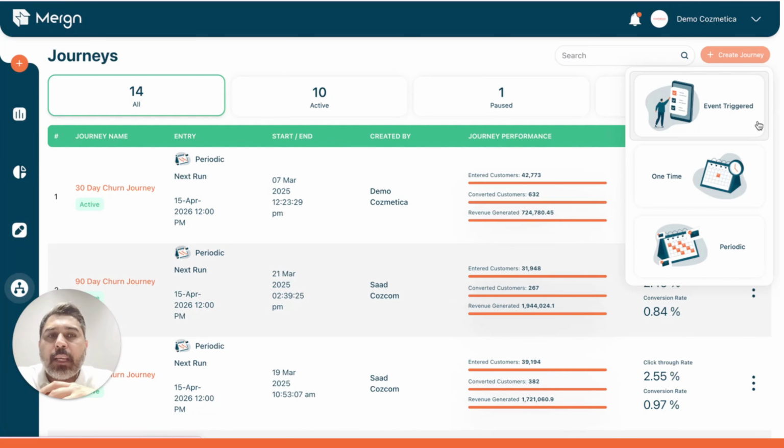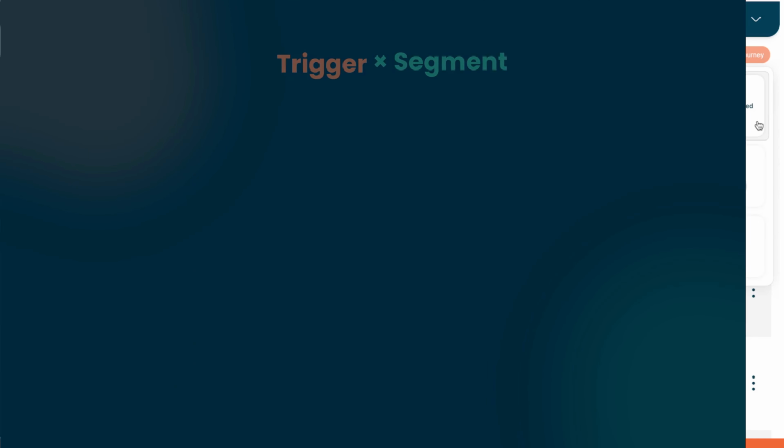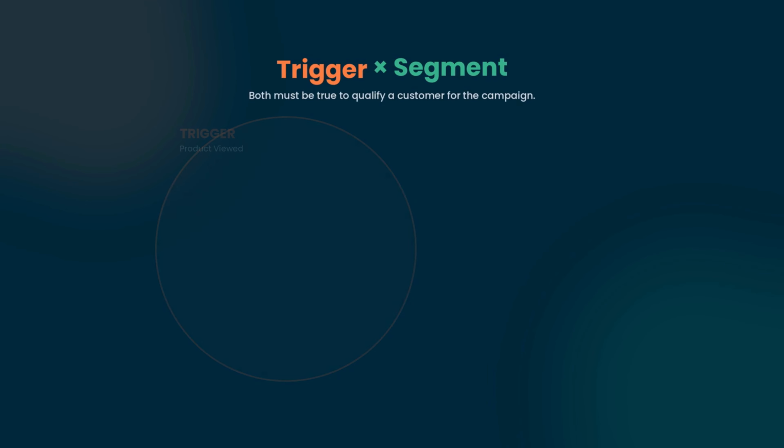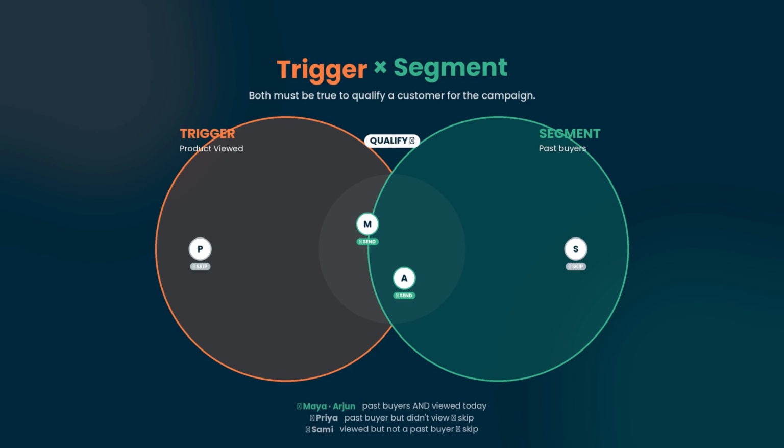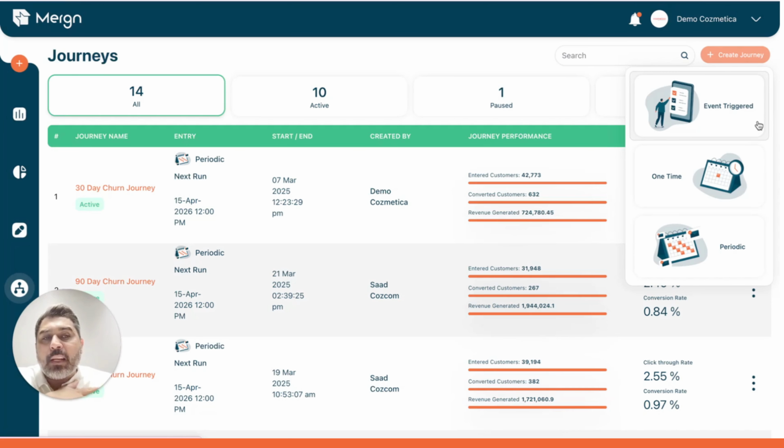A classic example of this is a customer who has added items to cart but did not complete the order. This is a real-time behavior which is happening on the platform. So if that behavior happens, qualify this customer into the journey and then engage with that customer on different channels. This would be a classic example of an event triggered journey, which is based upon customer behavior.